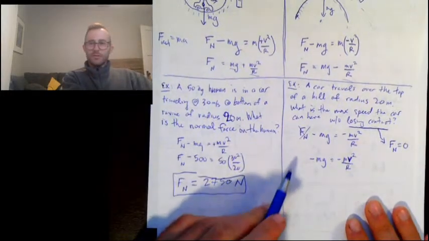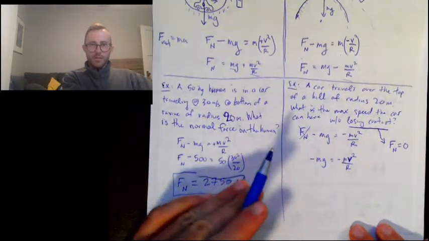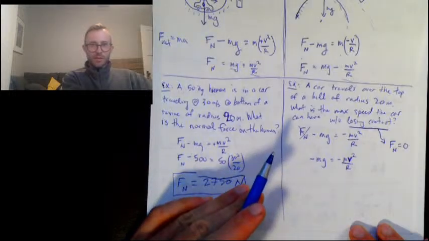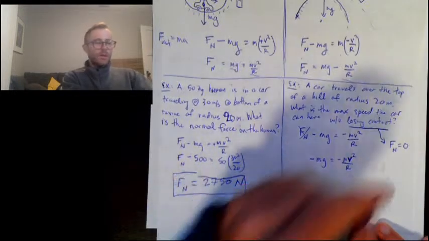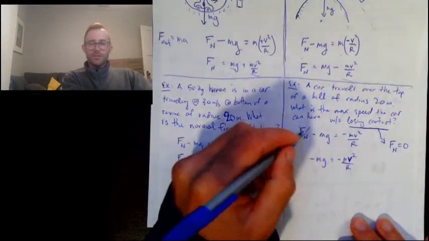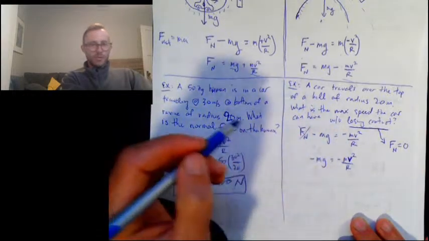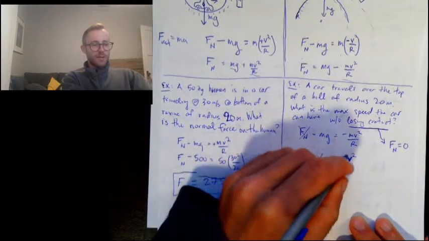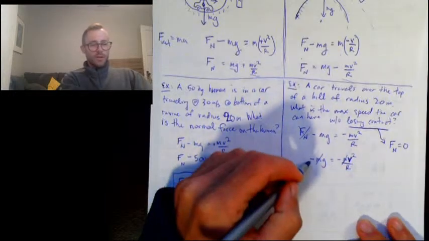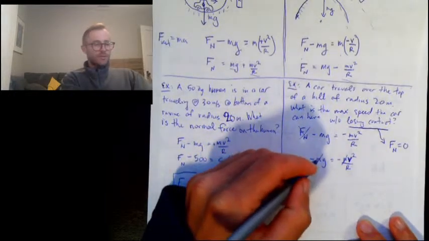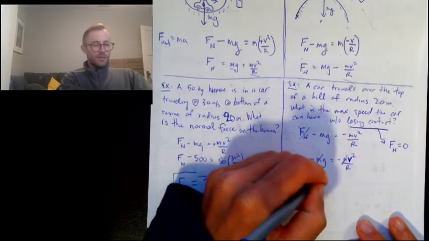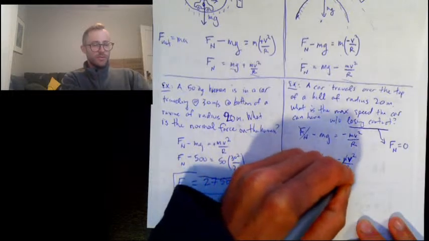Some of you might have been freaking out, like, the mass, I didn't give the mass of the car. But because the normal force went away, I now have two terms, both of which have mass, and so the mass cancels out. Furthermore, the minus signs cancel out. So I just have g equals v squared over r.